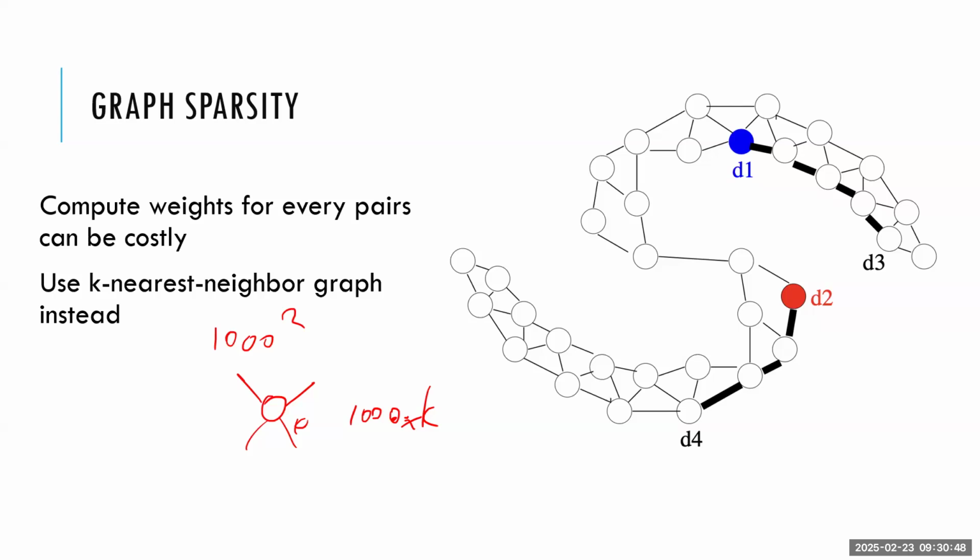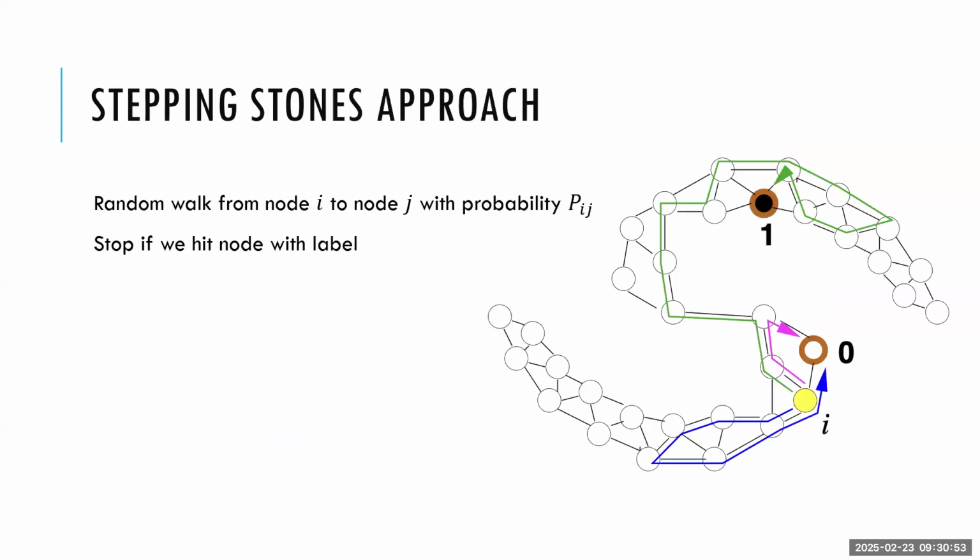So when we have this sparse graph, what can we do next, right? Instead of doing energy minimization, we can do a stepping stone approach. We have this sparse graph and these data points. Maybe we have a negative example here and a positive example here.